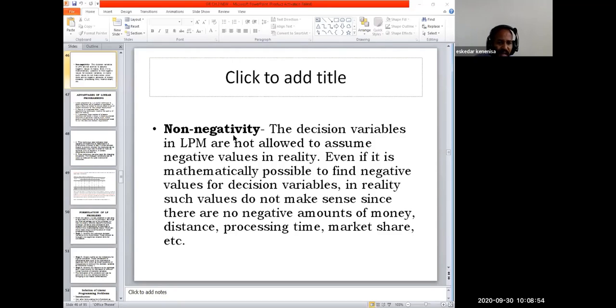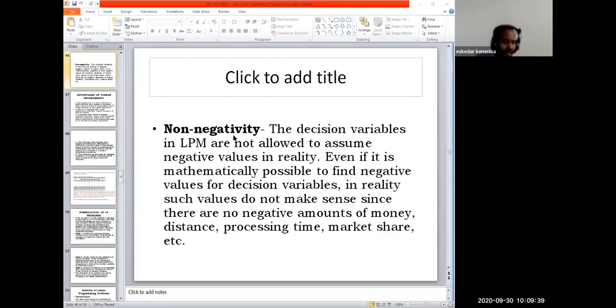Even if it is mathematically possible to find negative value for decision variables, in reality such value does not make sense, since there are no negative amount of money, negative distance, processing time, or negative market share. ማርኬት ሼራችንን ማክሲማይዝ ማድረግ እንፈልጋለን; ኔጌቲቭ ነገር የለም.